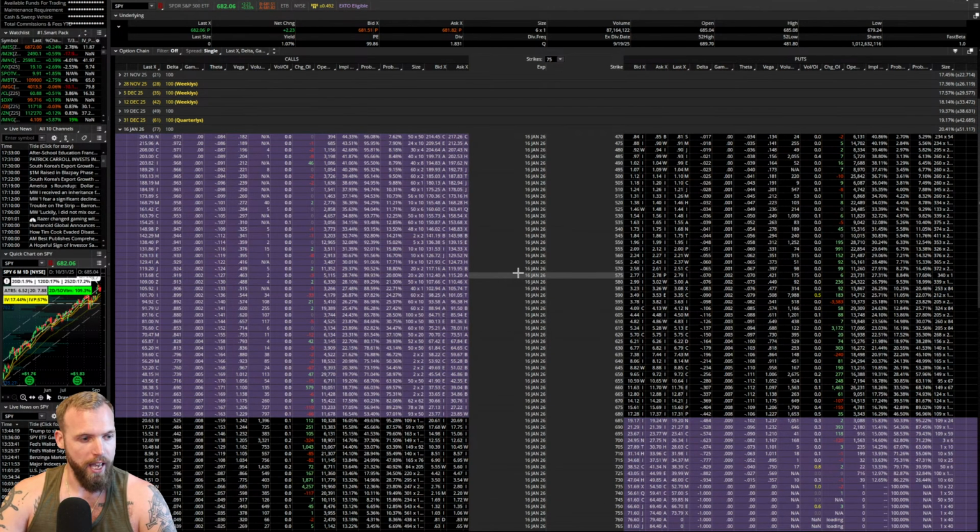Here's the problem with that. If we take a look at Vega, you'll see that Vega has gone up. It looks better. So now you even say to yourself, well, this is great. Not only have I decreased how much theta I'm paying, but I've also increased the amount of vol sensitivity the position has. That seems like a win-win, doesn't it?